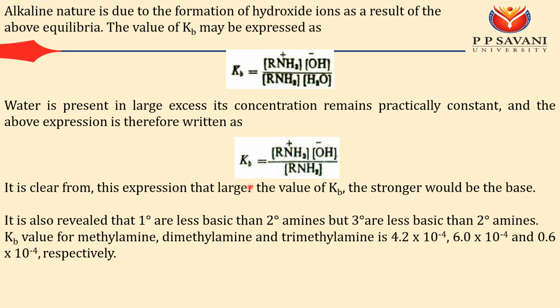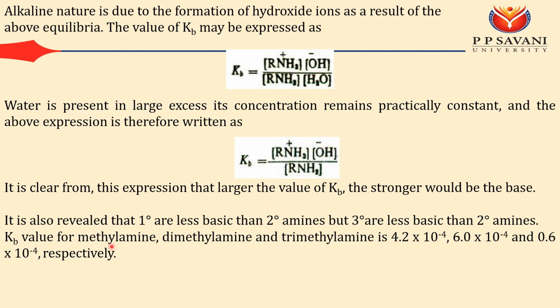As you know, if the Kb value is larger, the base is strong. So primary amine is less basic than secondary amine. But this is important: tertiary amine is also less basic than secondary amine. So it means secondary amine has the highest basicity.